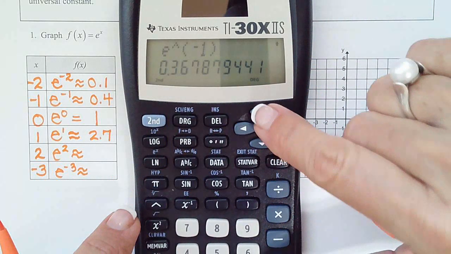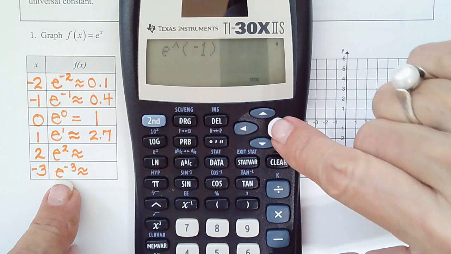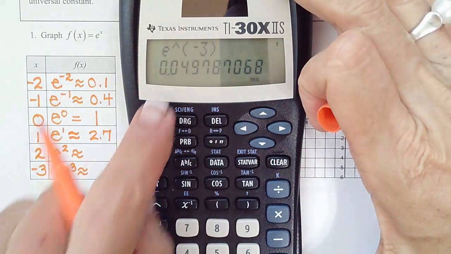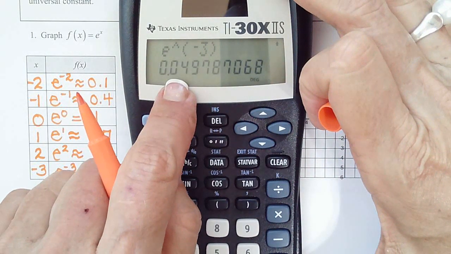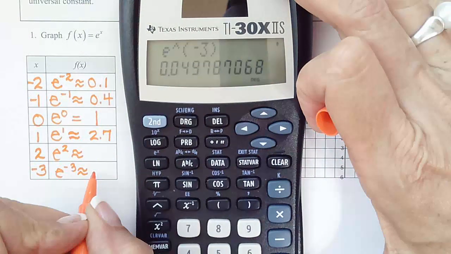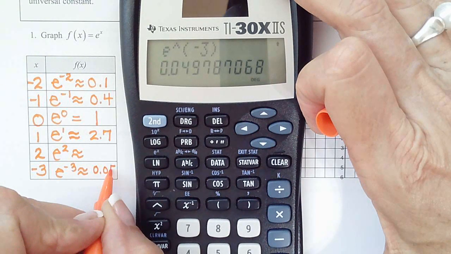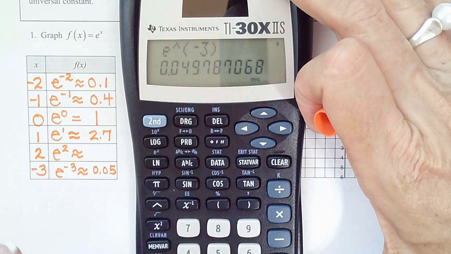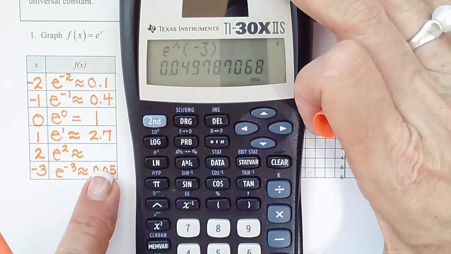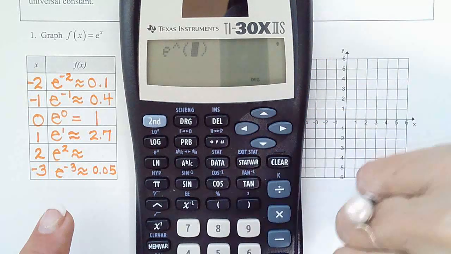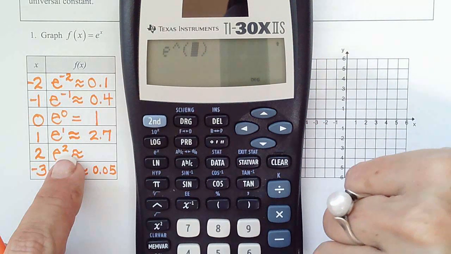Okay, let's hit the up arrow. Let's do -3 first since it's right there. And that's going to be 0.05. We couldn't round it to 1 decimal place because it would have been 0. So 0.05, which is just barely above 0. And now let's do the up arrow. We'll delete the negative and we need to change it to 2.